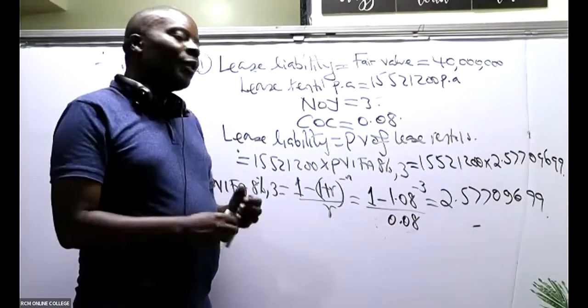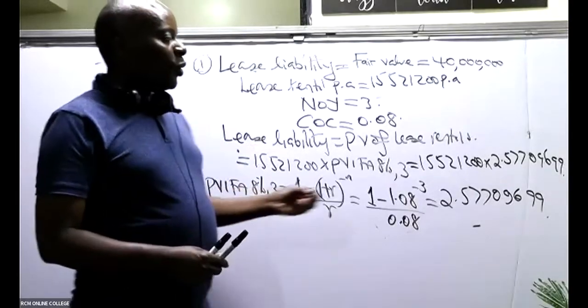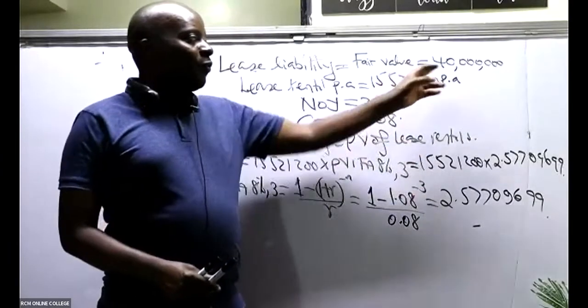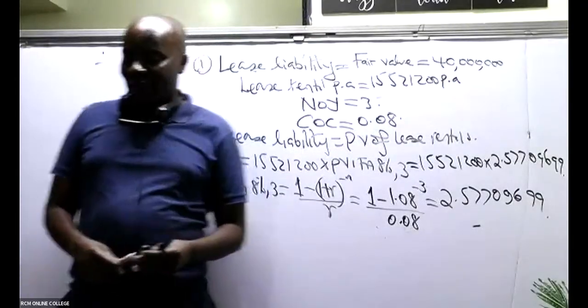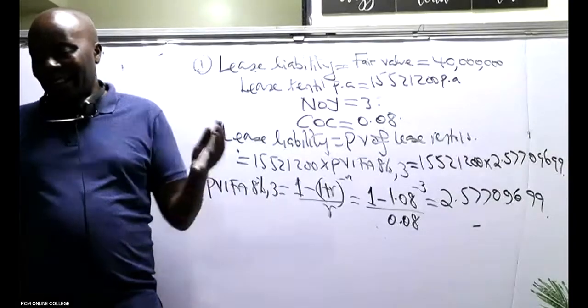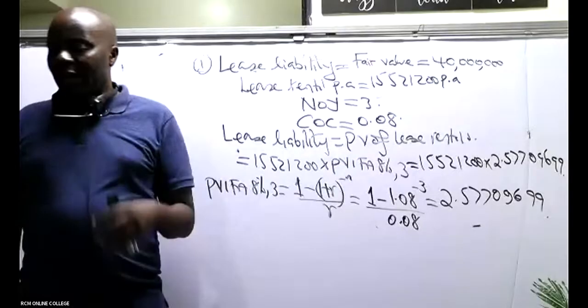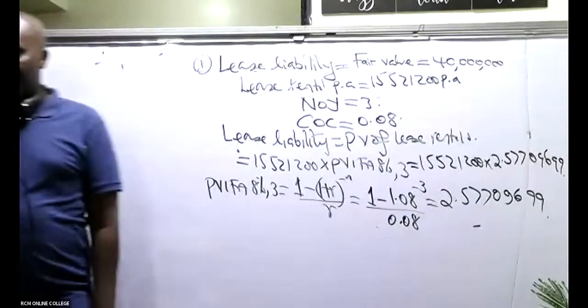Of course, there will be rounding off errors still, but most importantly, whatever figure we get here will be very close to this 40 million. It may be 39 point something. It's going to be very close to that 40 million.